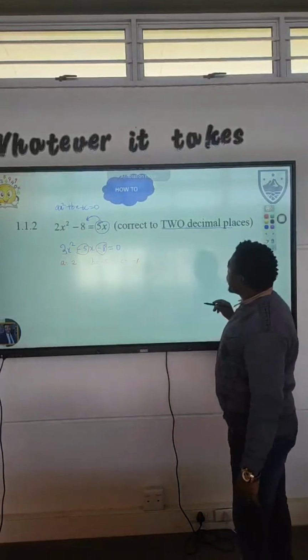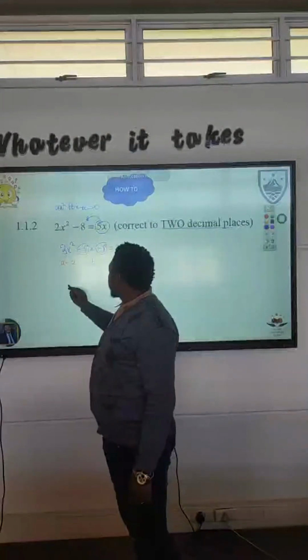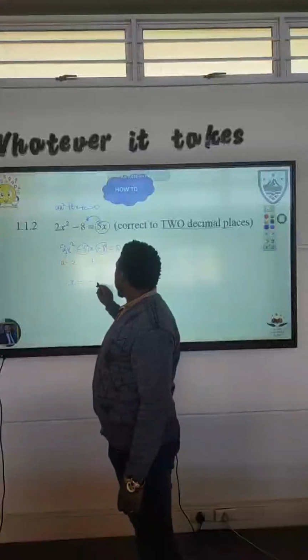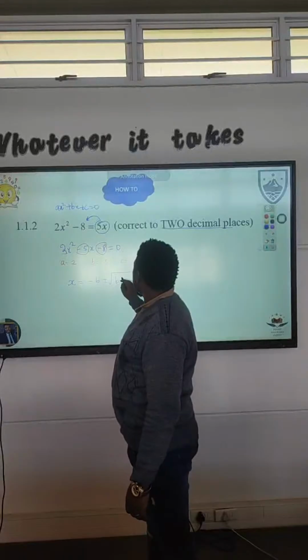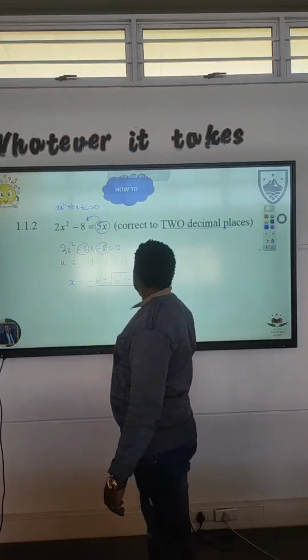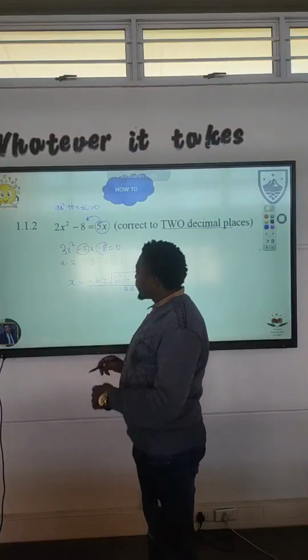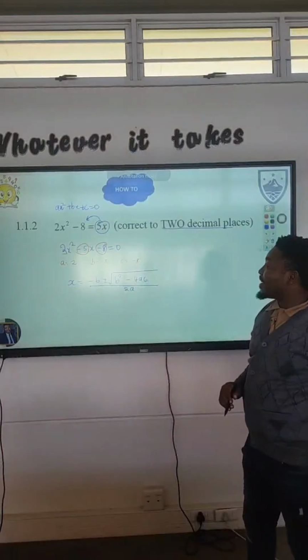So the quadratic formula, like we know it, will be x equals to -b plus minus the square root of b squared minus 4ac, then over 2a. If you forget this formula, please go to your formula sheet and make sure you copy it as it is.